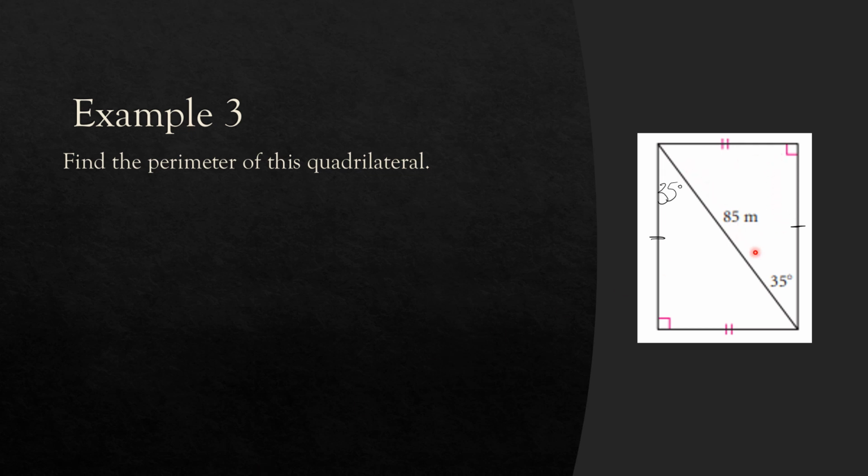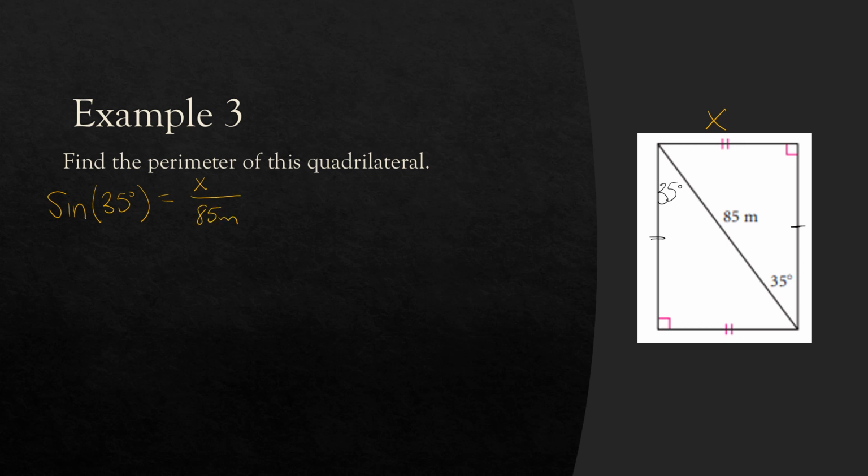If I'm just talking about this triangle up here and I want to find this top side, I have an angle and I have the hypotenuse and I'm looking for the opposite side. So what do I use to find that? That's right, I'm going to use sine. So sine of 35 degrees is my x that I don't know over my hypotenuse of 85 meters.